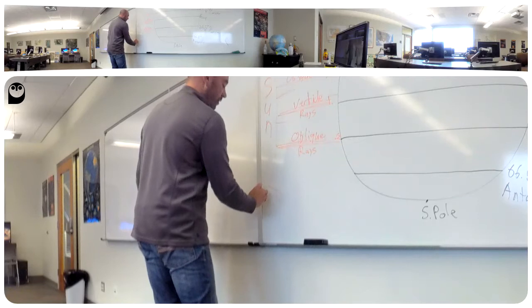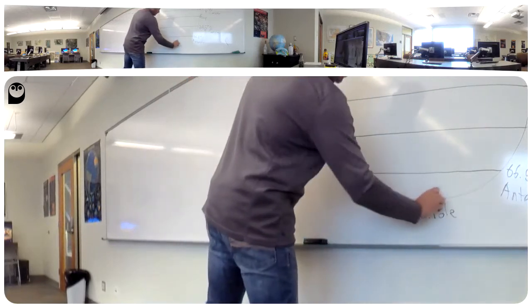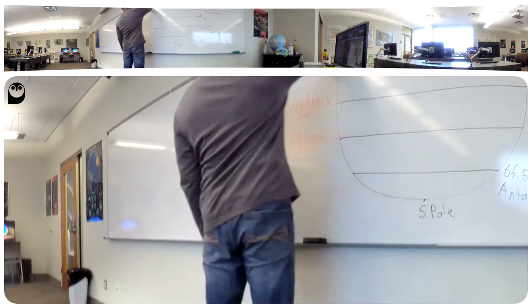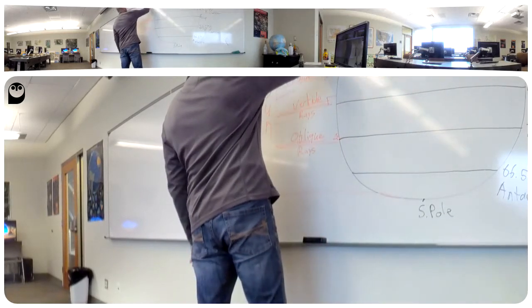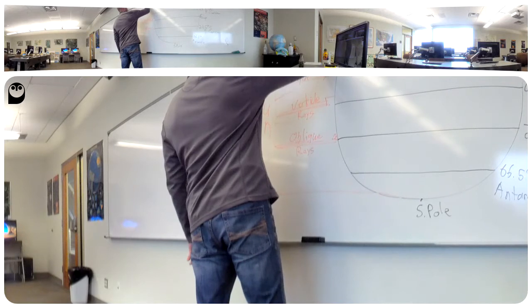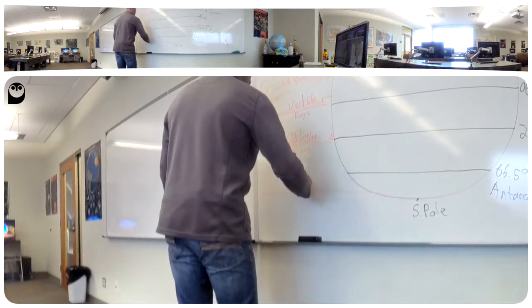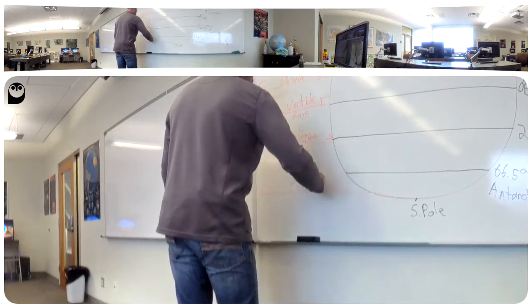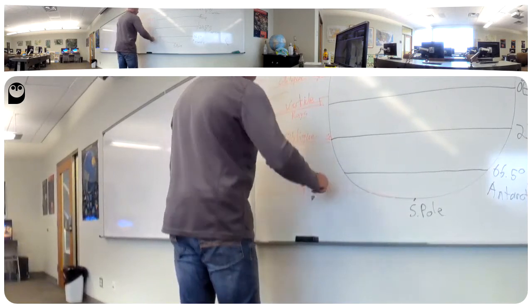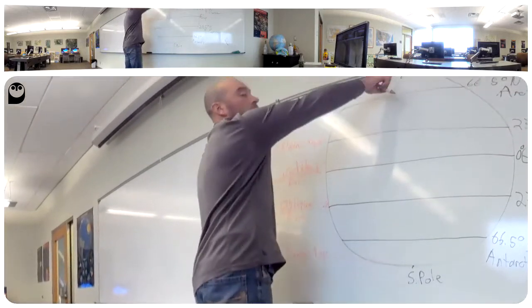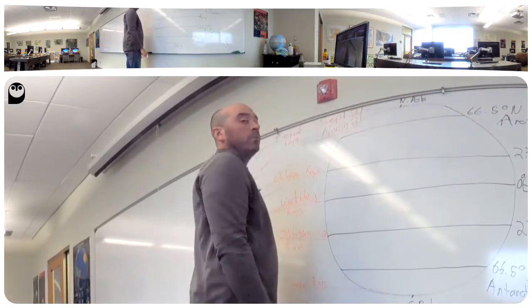That's going to be down here at the South Pole and at the North Pole. These are our tangent rays. Okay, sun's rays barely skim the surface of the earth. South Pole, North Pole, okay?